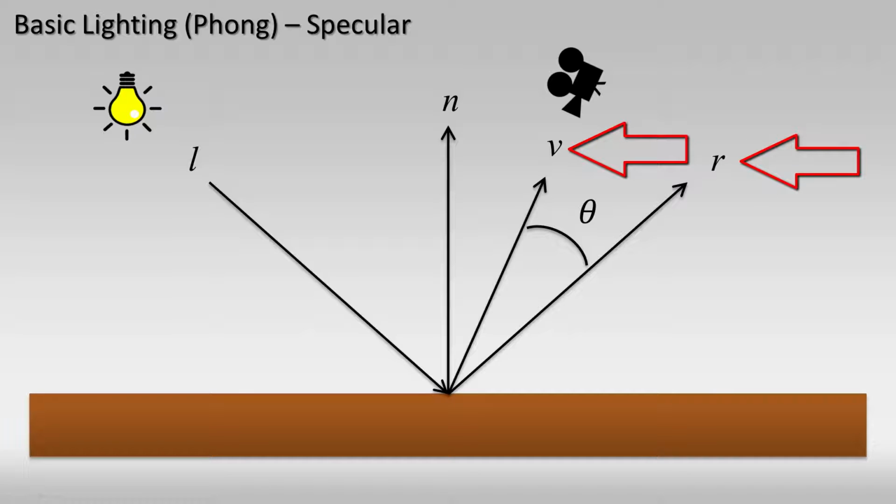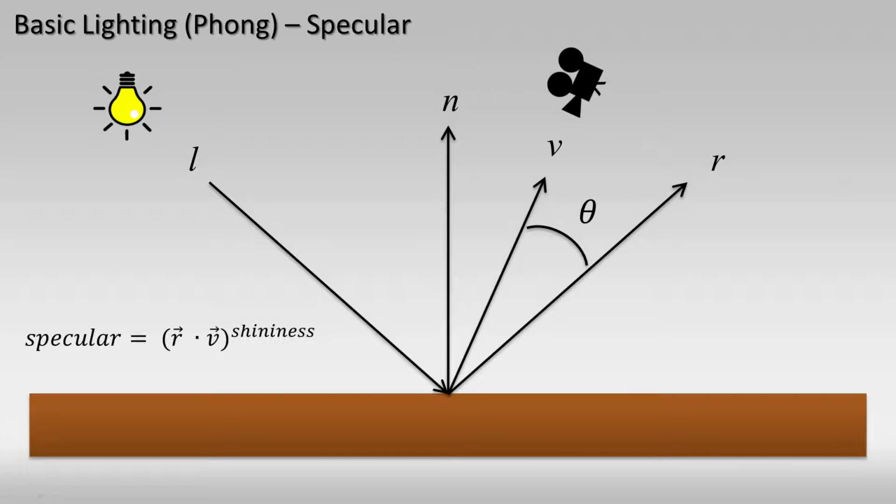This is similar to finding the dot product for the diffuse component, except we're using different vectors. So it'd be something like this equation. Then we raise the result of the r dot v to some value that we're calling the shininess factor. We're raising it to a power.